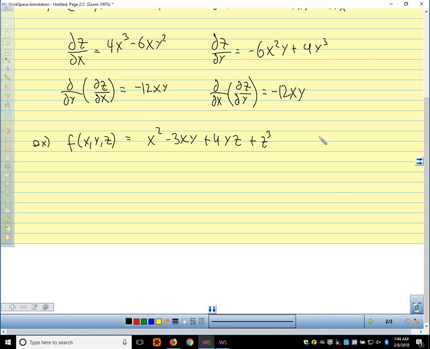And let's show that the third mixed partials are equal: f_xyy, f_yxy, and f_yyx are equal. Just how the problem is stated.